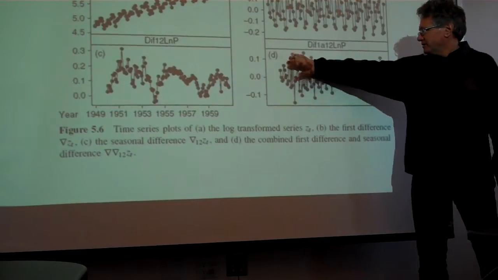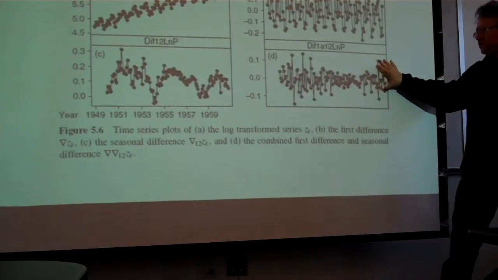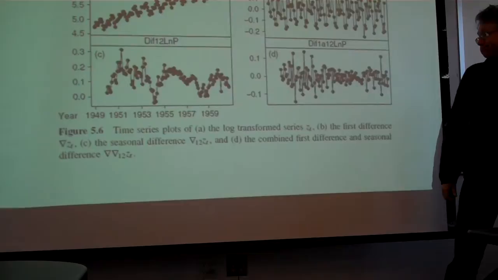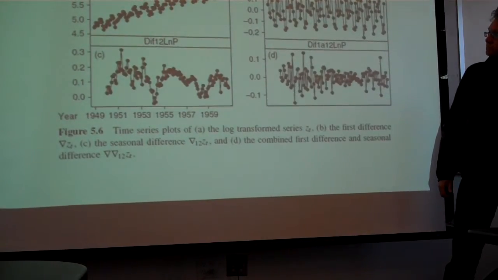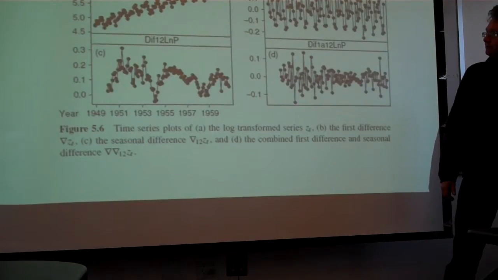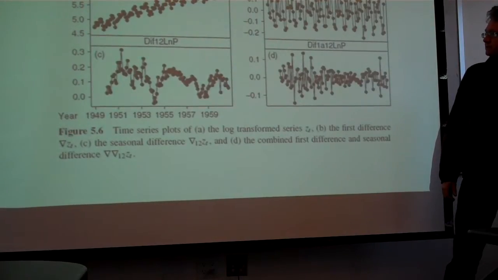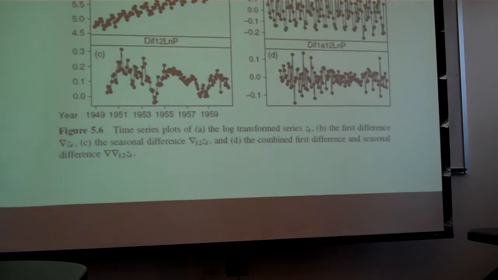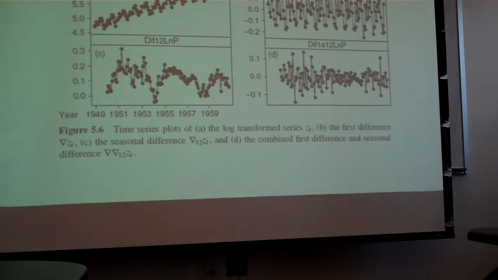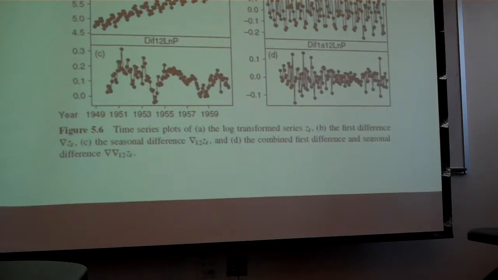We're talking about this fact that the variance seems large here and smaller here and larger here. I guess at what point do you say, okay, it's stationary enough? Well, you end up getting to a point where there's nothing you can do that will make it more stationary.